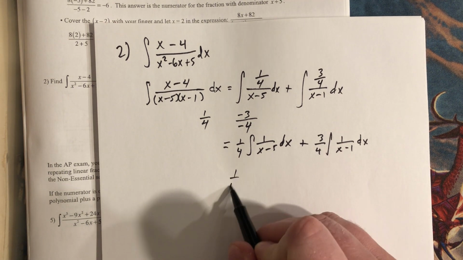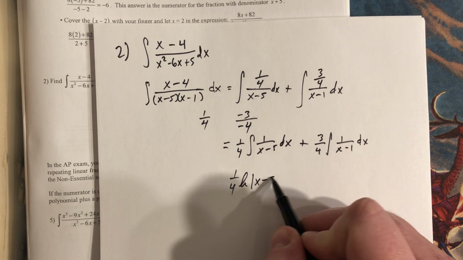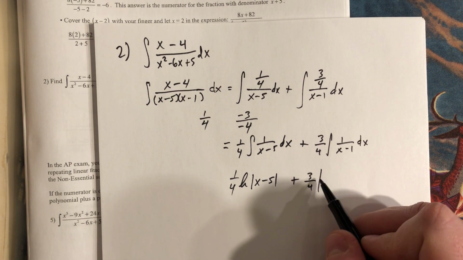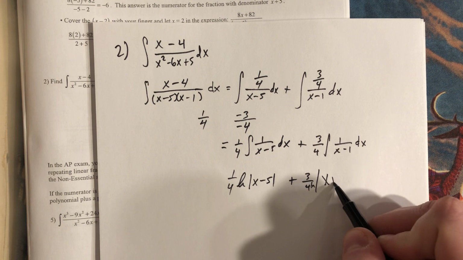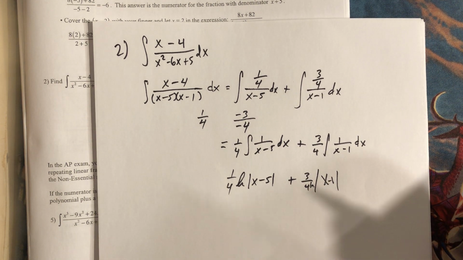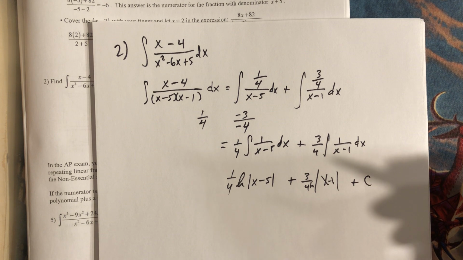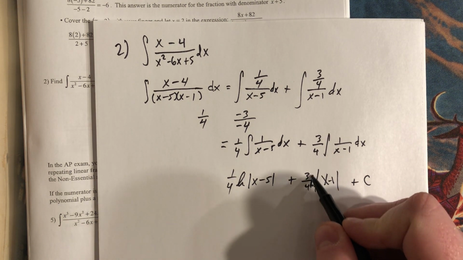So that'll just be 1/4 times the natural log of the absolute value of x minus 5 plus 3/4 times the natural log of the absolute value of x. My pen was not making the strokes I was trying to make, but I managed to get it to work. Okay. It's not underneath it.